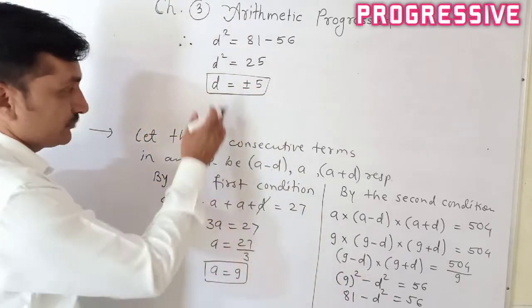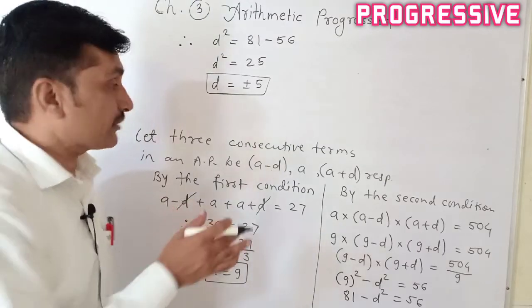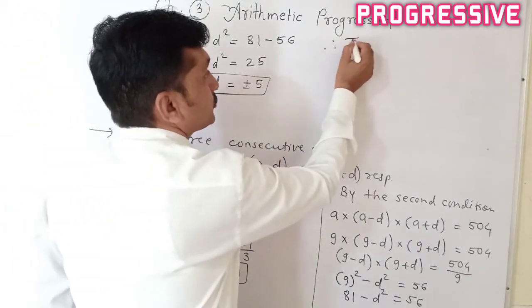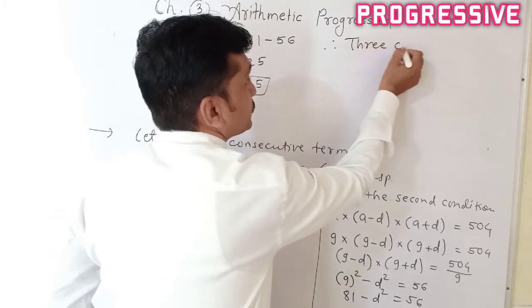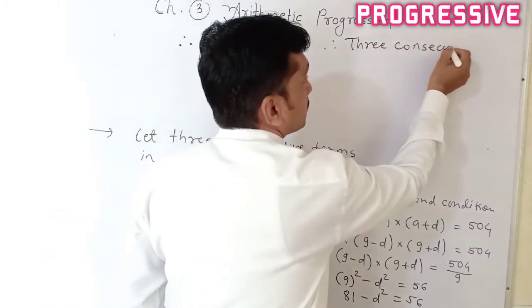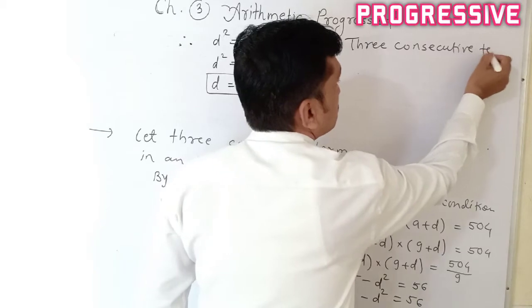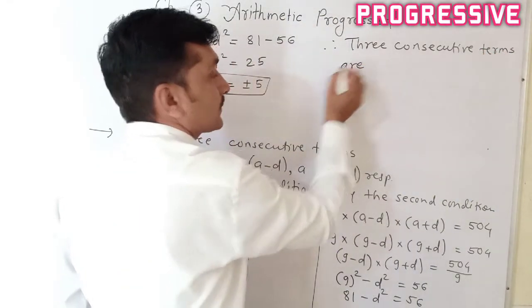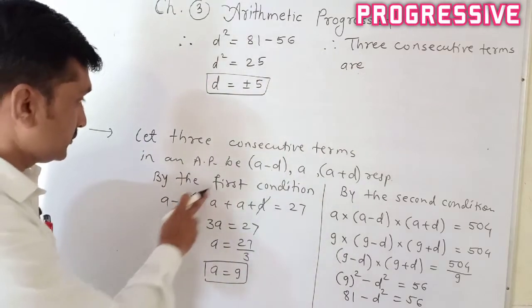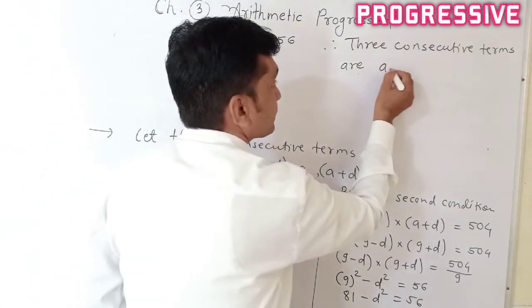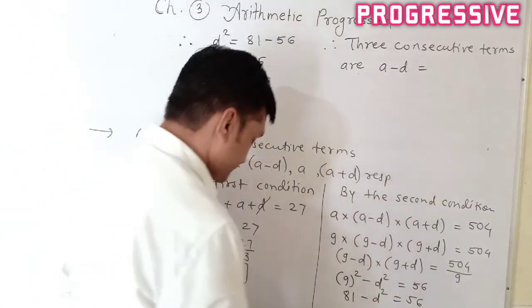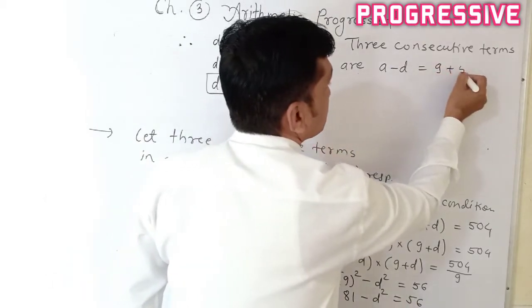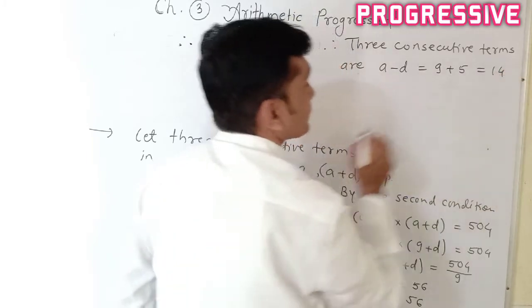Now a and d both values we got. Now we have to find the three consecutive terms. The three consecutive terms are a minus d, where a value is 9; 9 plus 5 is equal to 14.